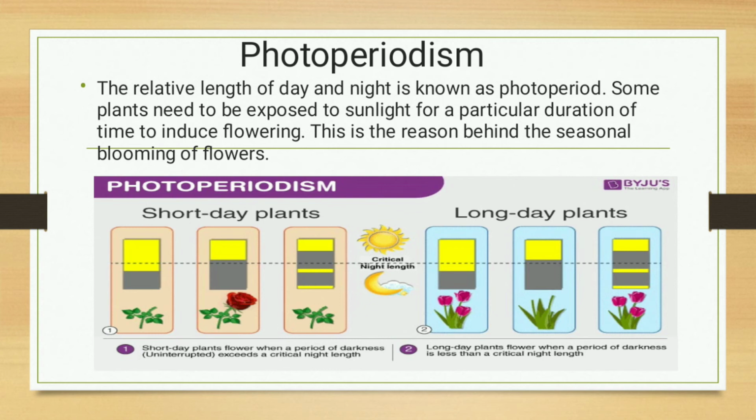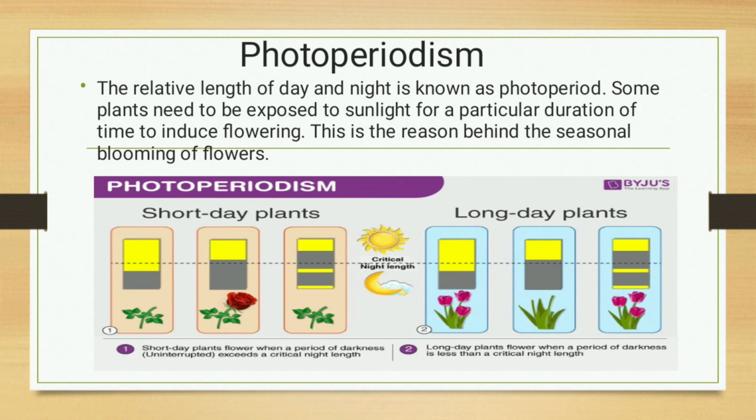In the second diagram, with less light period and more dark period, there is no flowering. And in the third diagram, some period of light, some period of dark, again some period of light, again some period of dark, there is flowering. So, in long day plants, when the light period is more, it shows flowering.